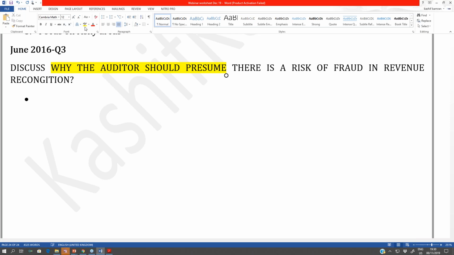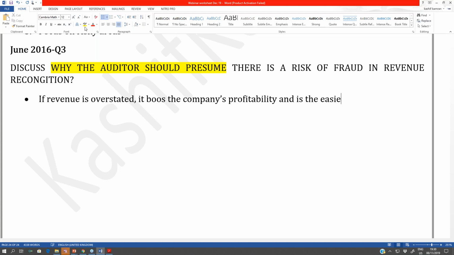Because the auditor should presume there is a risk of fraud in revenue recognition because if revenue is overstated, it boosts the company's profitability and is the easiest way to manipulate the financial statements.